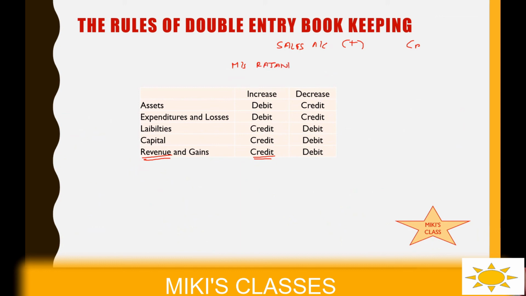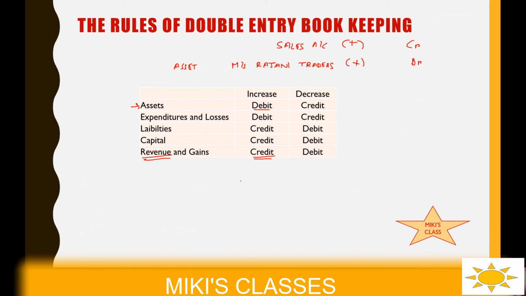Messrs. Rajani Traders. What kind of an account is this? We have checked that it's an asset. Correct? This is an asset. What has happened? Has the asset gone up? Yes, because we're expecting a payment. So which means if an asset increases, we have to debit it.